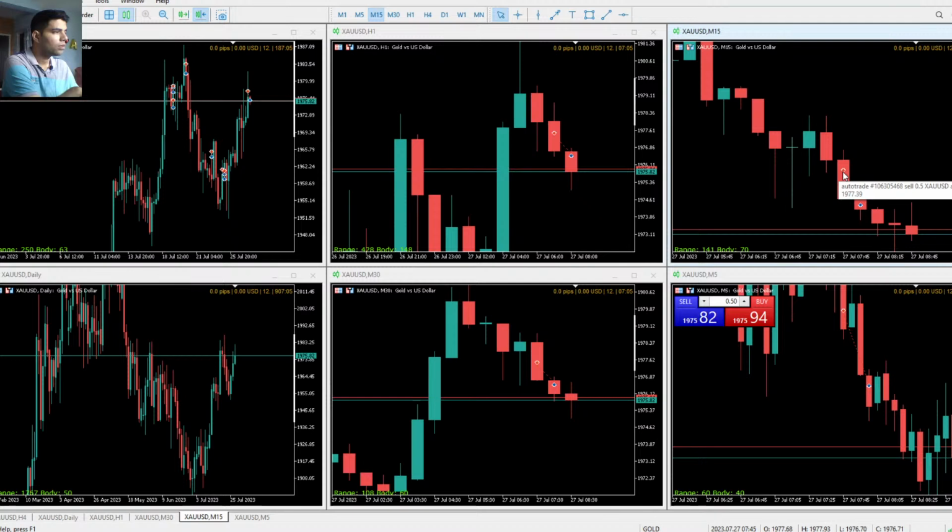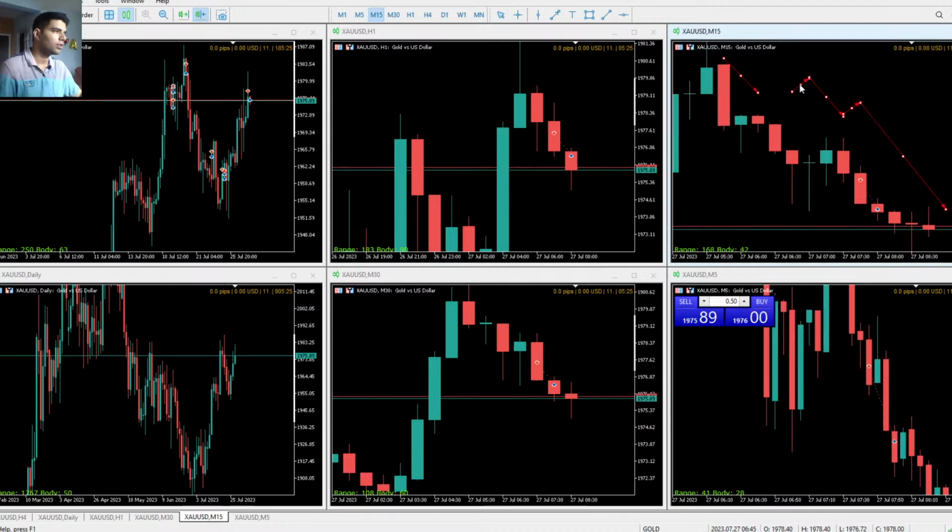Okay guys, this is the perfect example. This is trend, and we have minor counter trend, this green candle, then we have trend, these three red candles, then we have minor counter trend, these two green candles, then we have trend.